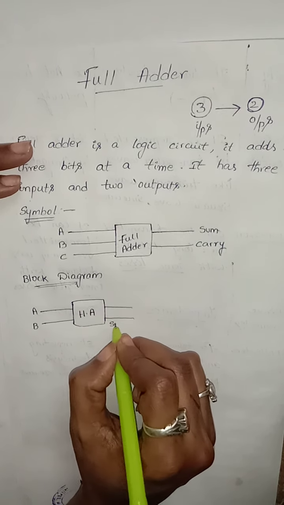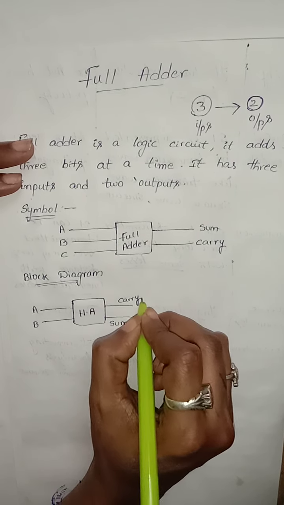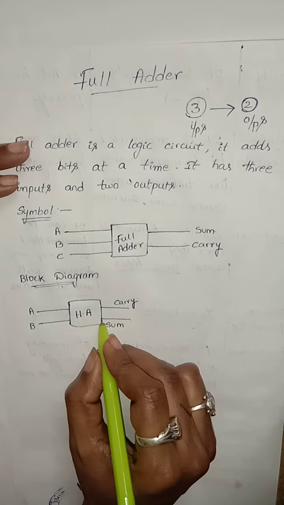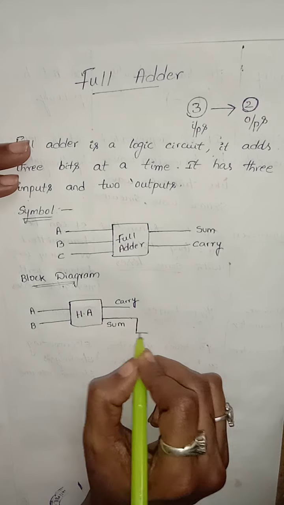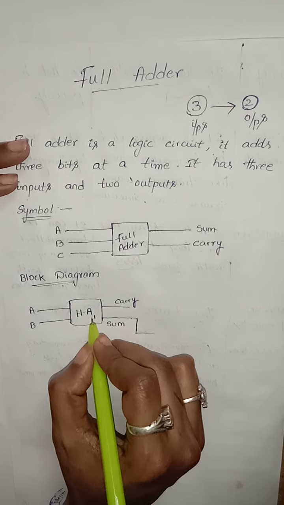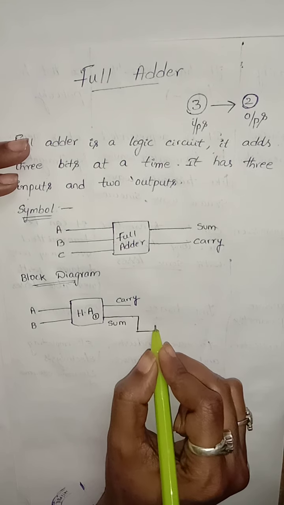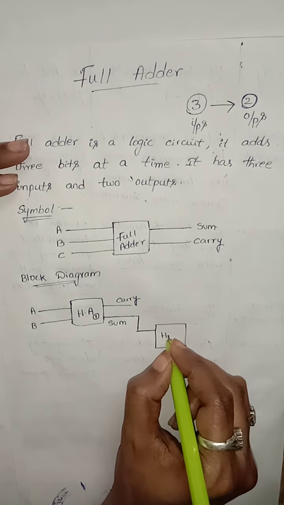One is sum and another one is carry. The sum of the first half adder is given to the input of half adder 2.